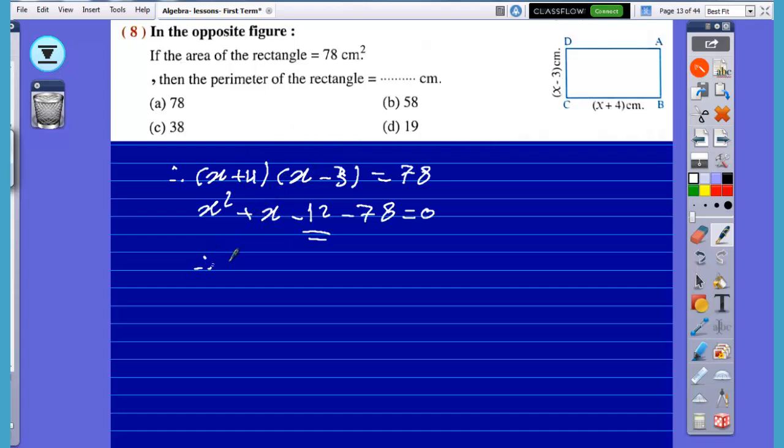And now we have x square plus x minus 90 equals 0, as negative 12 minus 78 equals negative 90. By factorization, what we have, x multiply x, and the 90 is 9 multiply 10, because the difference equals 1. Of course, you can use your calculator. Here is positive, here is negative.